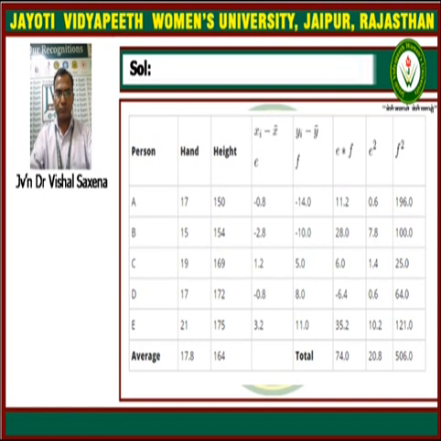A table is to be prepared for this, in which first we show persons A, B, C, D, E, and then their hand and height, the two variables written as xi and yi.